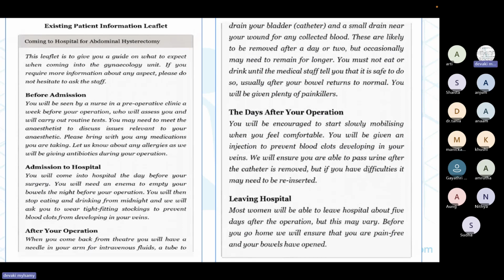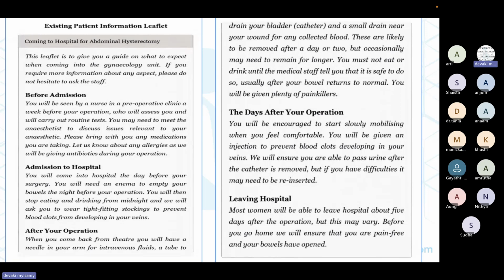Then regarding presentation and clarity, the presentation is very simple. They have used patient friendly language and jargon is not used, but it can be made a little more attractive. Colorful bullets or a question and answer format can be used.